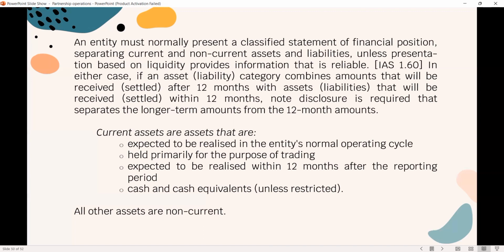So when we say current asset, it has the cash and equivalents, accounts receivable, prepaid expenses, inventory, and marketable securities.